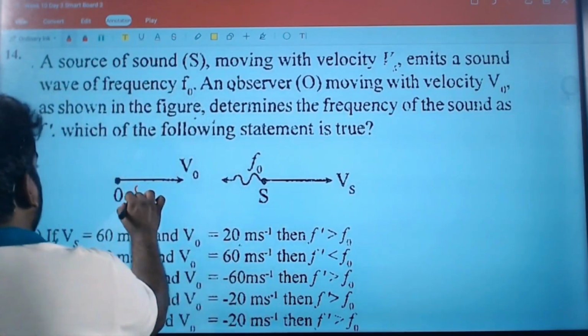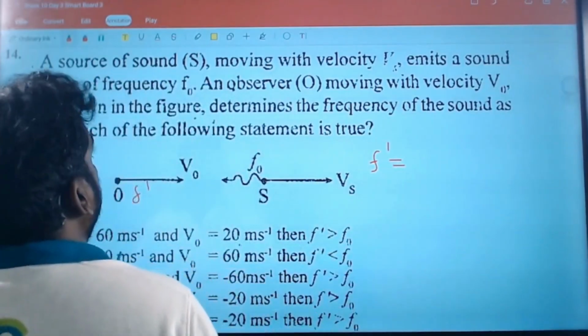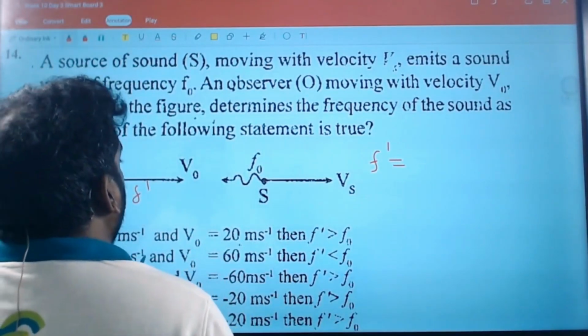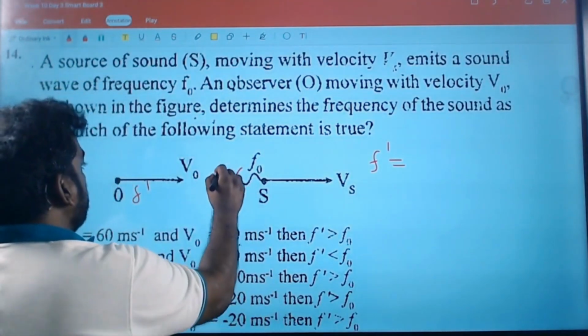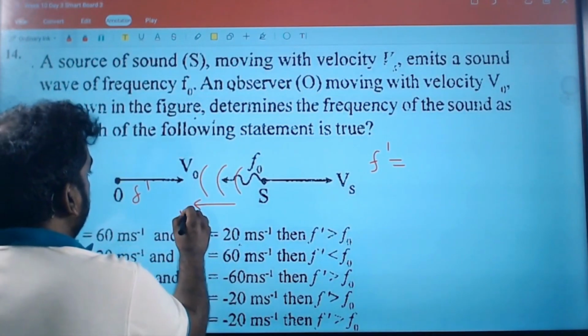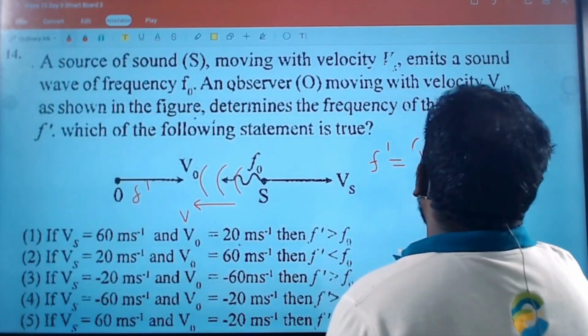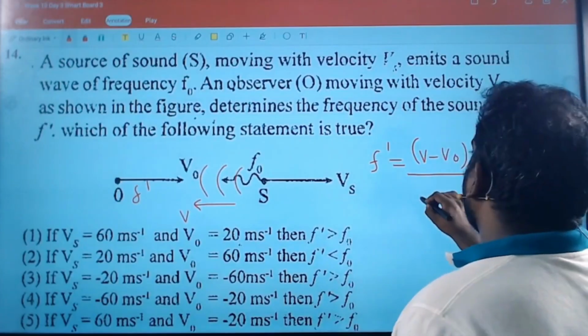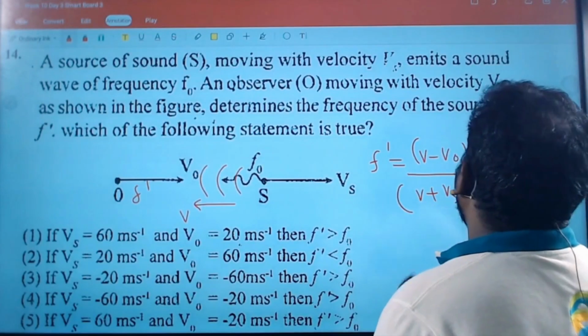So F dash here is velocity of sound with respect to observer. Sound is coming from the source here. Sound with respect to observer is V minus V0. Velocity of sound with respect to source is V plus Vs, into actual frequency F0.